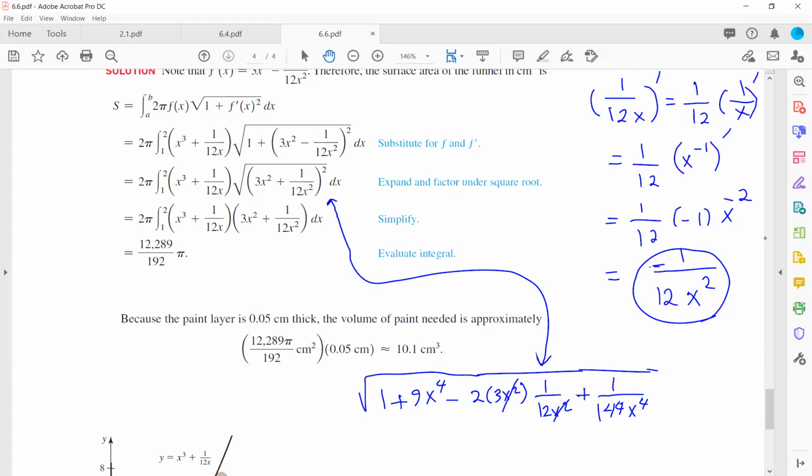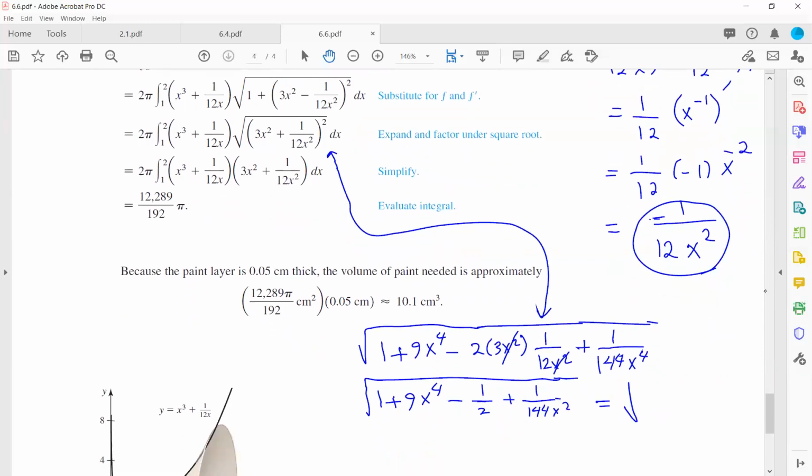Here you're left with a half, so you get square root of 1 plus 9x to the fourth minus a half plus 1 over 144 x squared. 1 minus a half gives you positive a half.